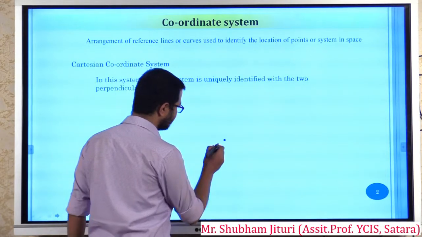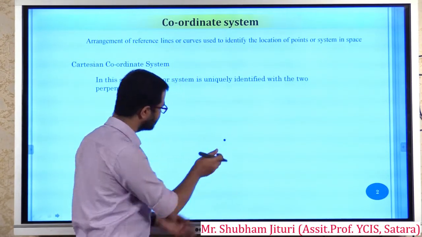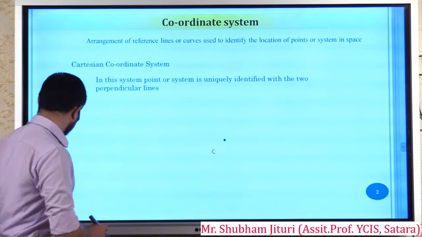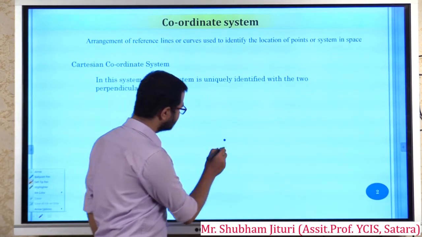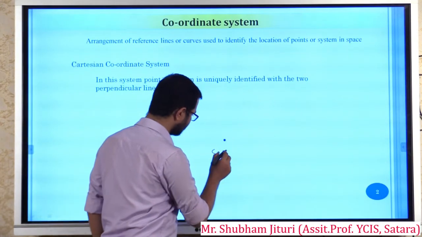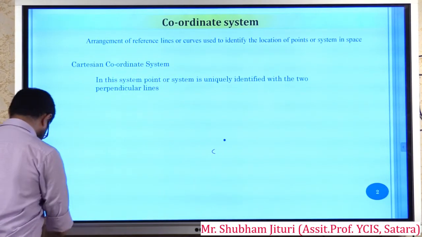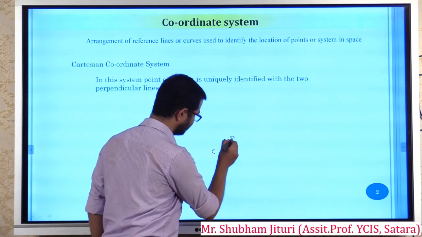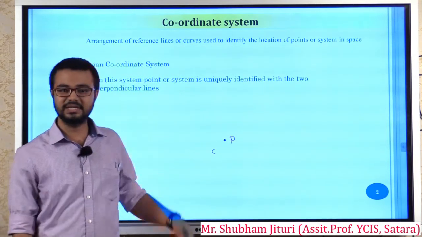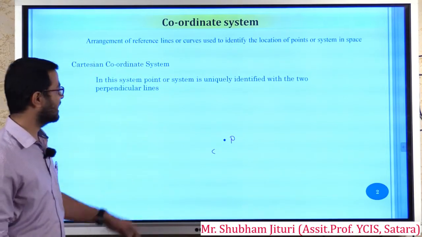Suppose at a time t it is at this position, and I use the letter P to represent its position in this plane at time t.